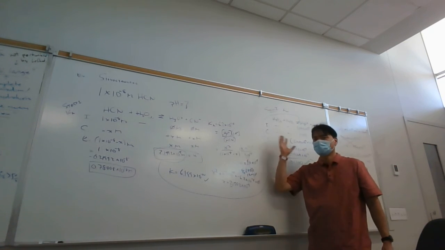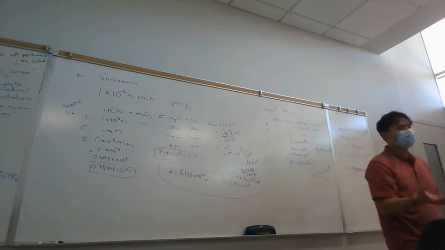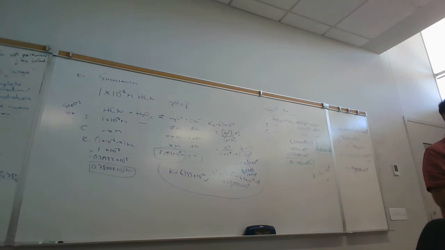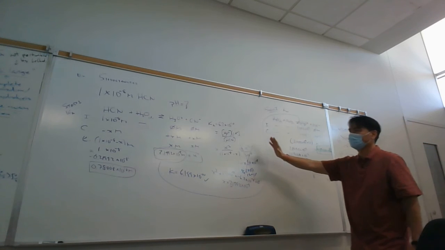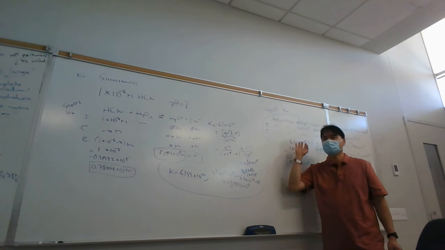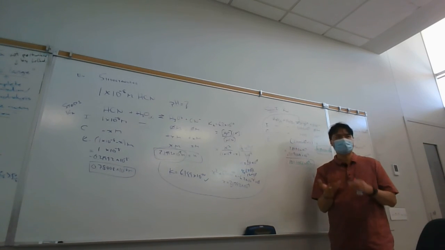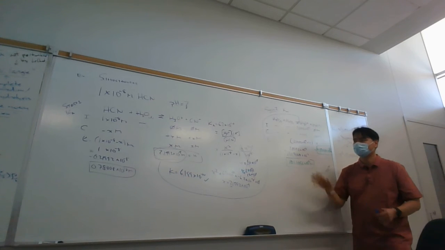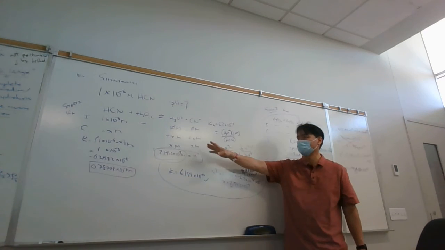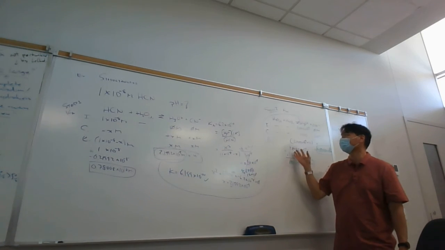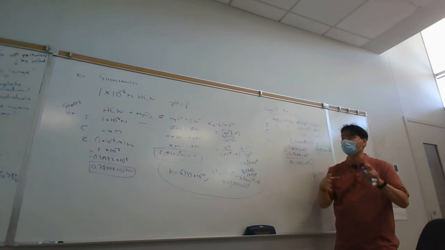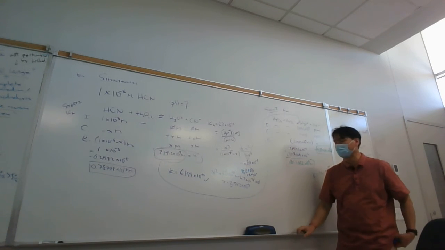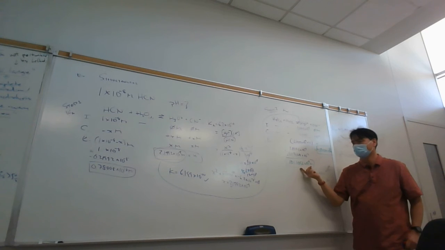Both step 1 and step 2 are in the same beaker, and so there's only one hydronium. For example, we cannot isolate step 1 from step 2 because the water and the HCN are in the same flask, and there's no way to have hydronium that's reserved for HCN and hydronium that's reserved for water, because the hydronium is free to go anywhere in that beaker. And so this is the new hydronium.